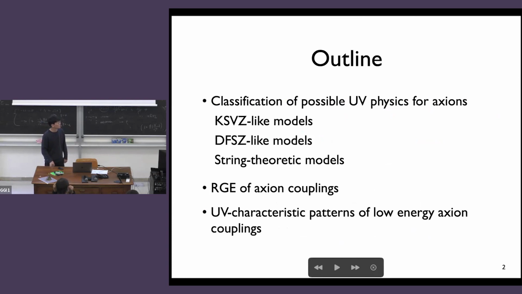It will also be clear that this running effect should be taken into account to see whether such patterns survive at low energies. So I will discuss the renormalization of axion couplings and then examine whether these UV characteristic patterns of low energy axion couplings survive at low energies and whether they can be experimentally measurable.